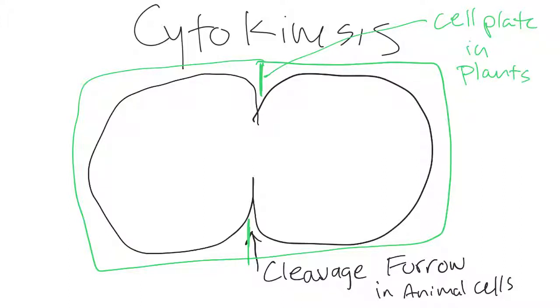So you have a cell plate forming in between the two cells. And then once that completes, you'll have two separate cells that are both diploid. And they'll be exact copies of the first cell.